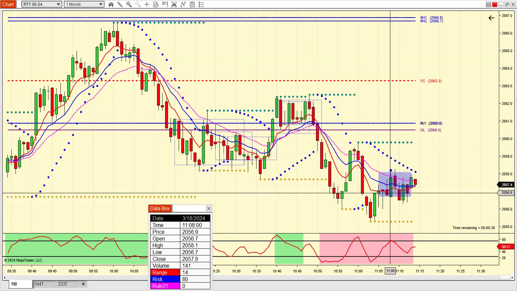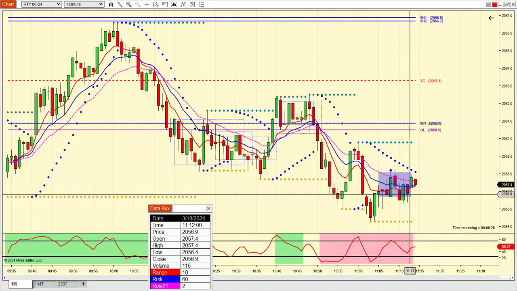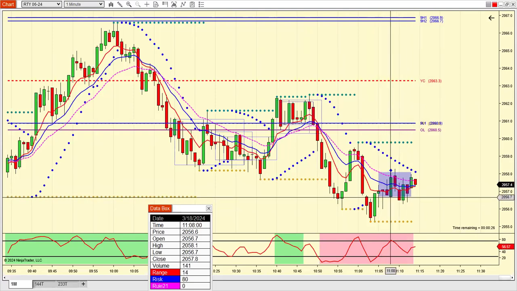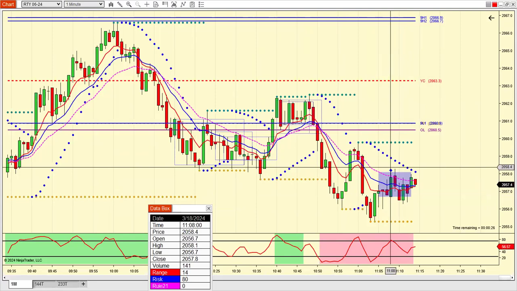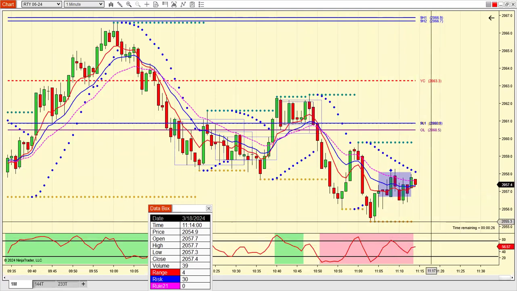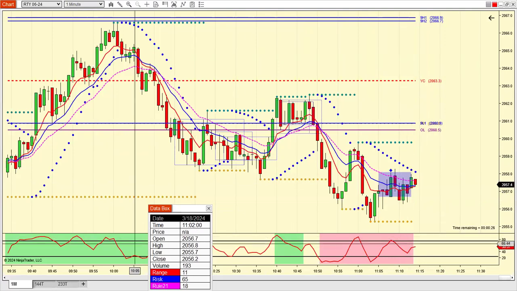Now, remember, it's looking backwards and forwards from what it thinks is the tallest bar in this pattern, which is the one with the diamond on top. And it finds it automatically using an algorithm. Now, going forward, if we don't get a breakout, you will see no more color. It'll be blank because you're in congestion.